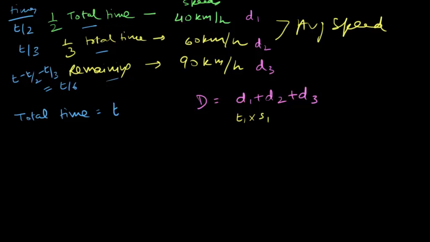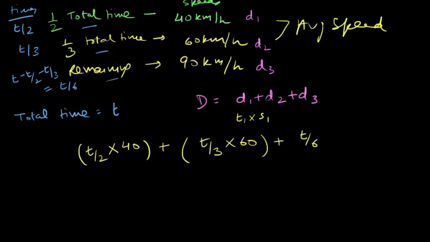So now I'll be using this for all of these. So for d1 I have t by 2 multiplied by 40 as the distance traveled. Then d2 is similarly t by 3 into 60, plus d3 is t by 6 into 90.